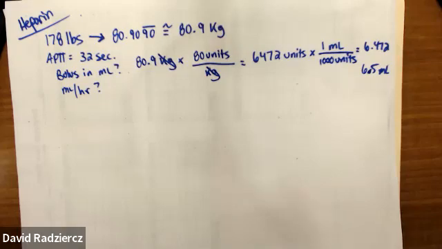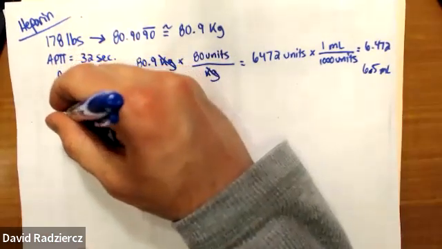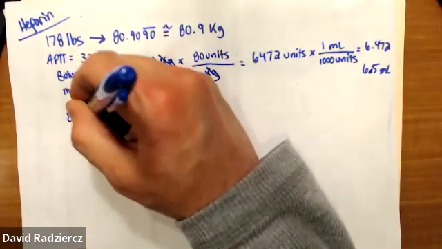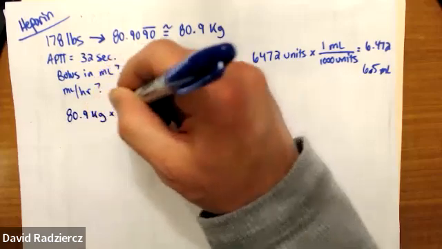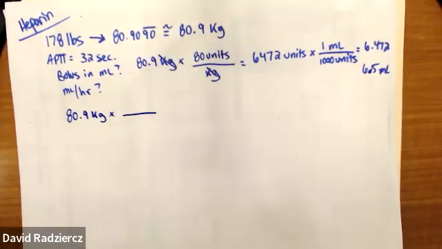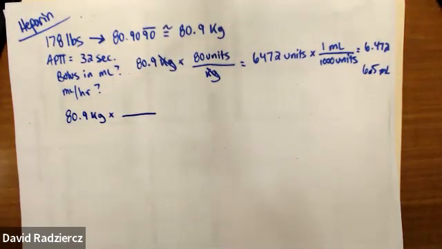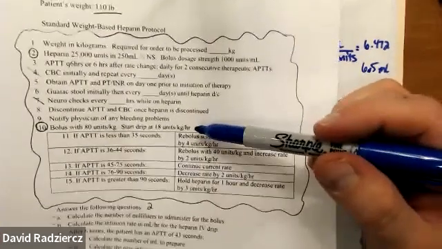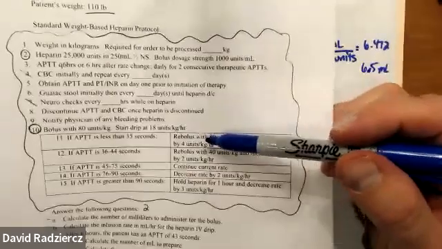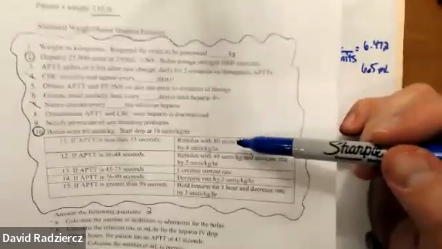For the infusion rate, again, same patient, 80.9 kilograms. And I'm going to multiply by the new infusion rate. Remember, the original was 18. We know it was 18 because it's stated in the protocol, and then it told us to increase by 4. Okay.